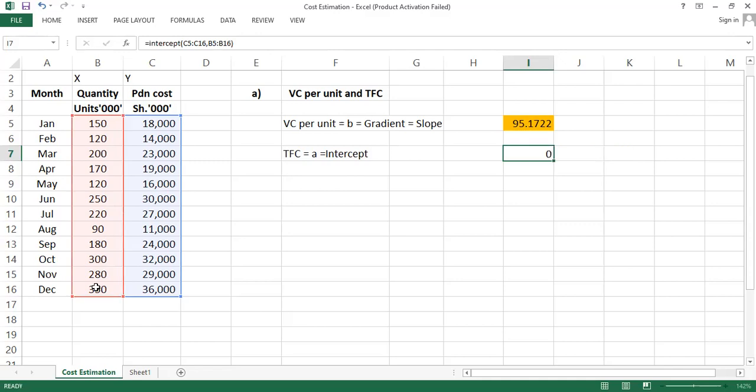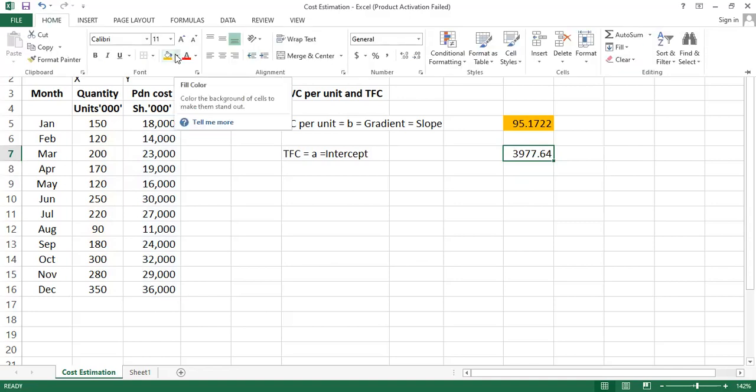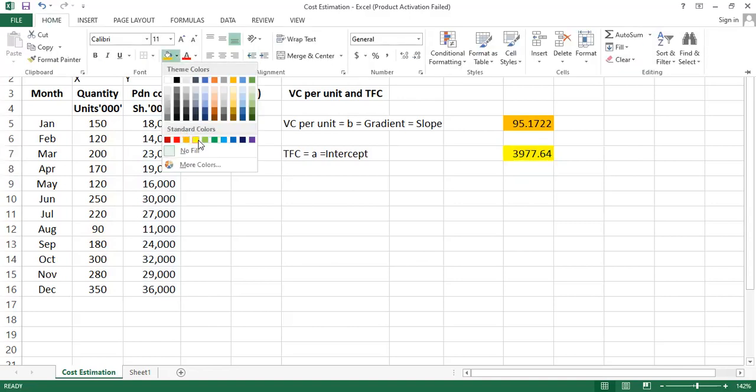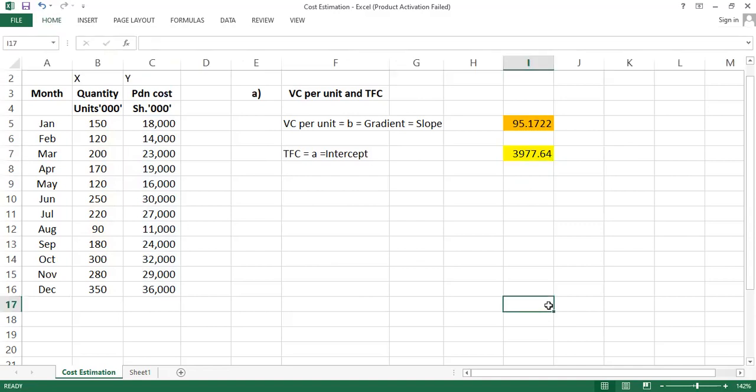When you press enter, immediately you have the value of A as that figure. So that's how we compute A and B using regression in Excel.